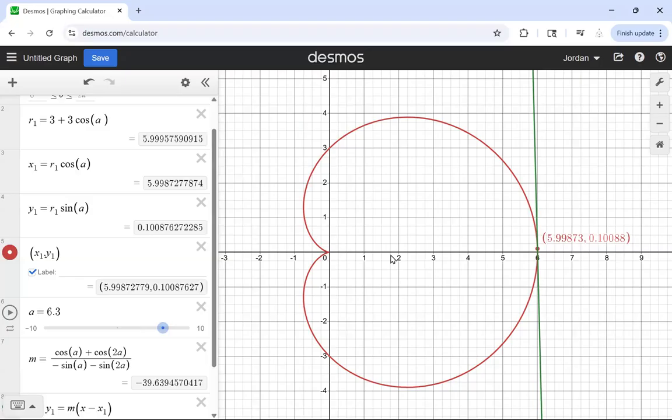I want to point out that this cardioid is not a function that we could have easily graphed in rectangular form. The same thing with our previous example when we had a rose curve. We could not have graphed that very well in rectangular form. So finding a derivative in polar form is much, much nicer.